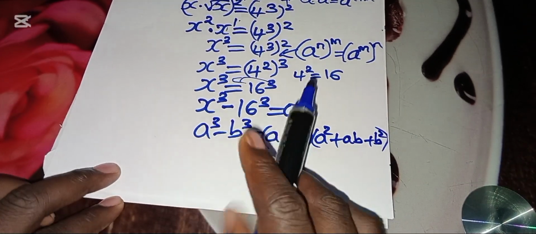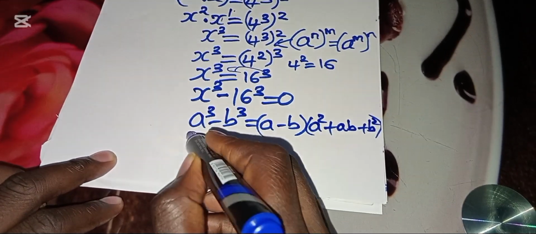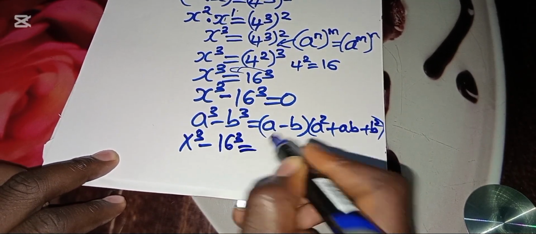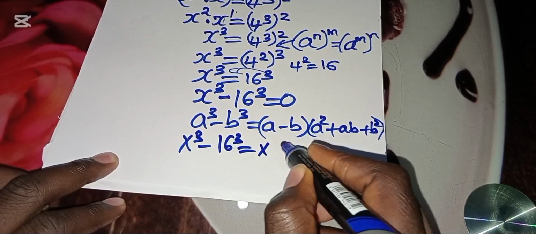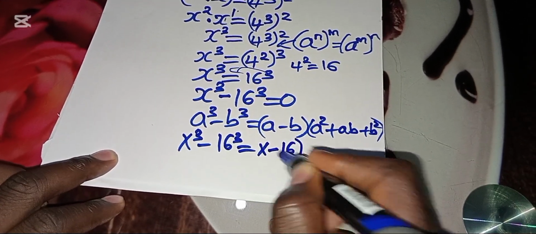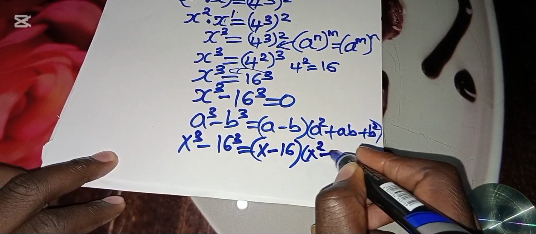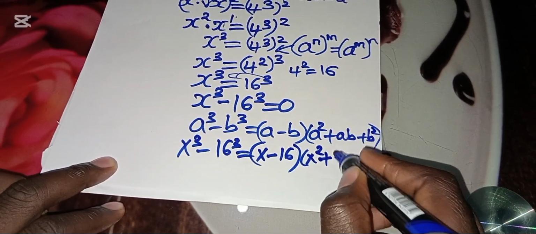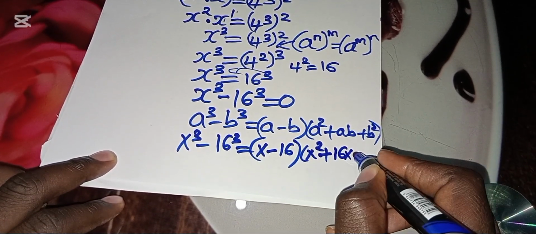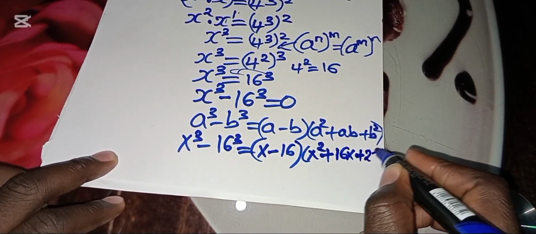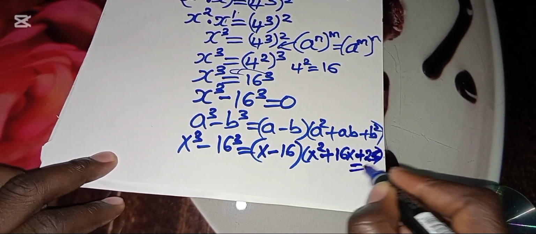So x cubed minus 16 cubed is equal to x minus 16, then x squared plus 16x plus 16 squared, which is 256. This is equal to 0.